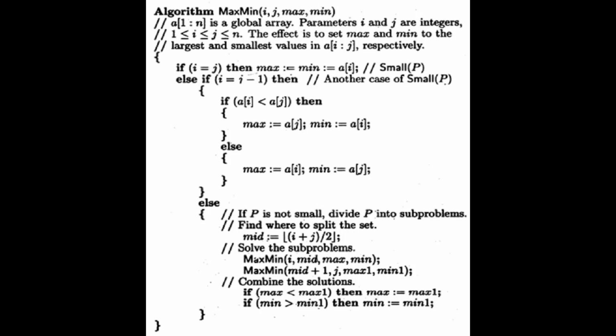Then there is only one element in the local array, which is part of the global array A[1:n]. So the smallest element is equal to the largest element, which is A[i].